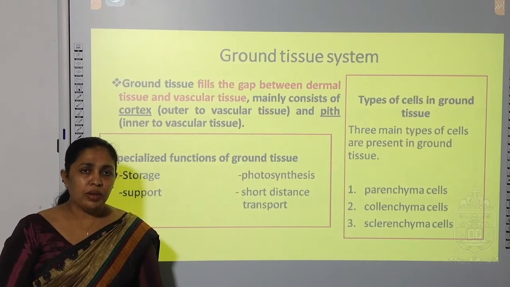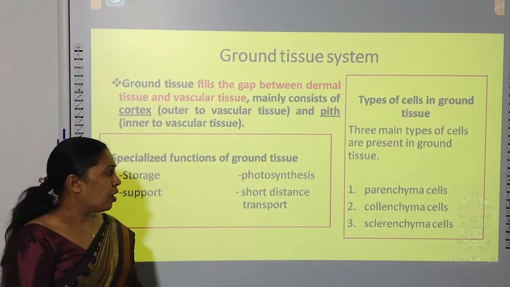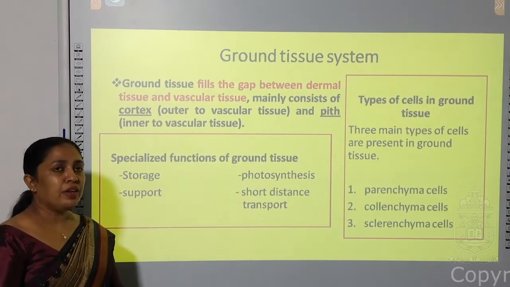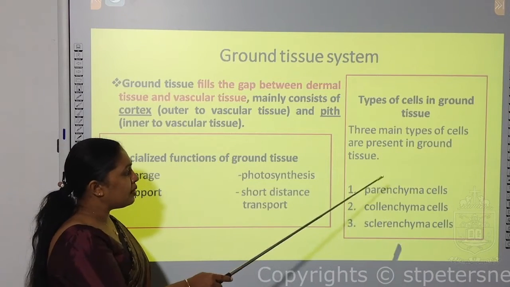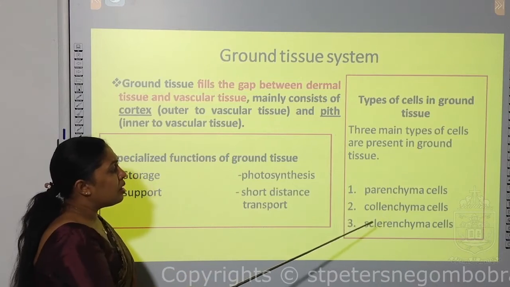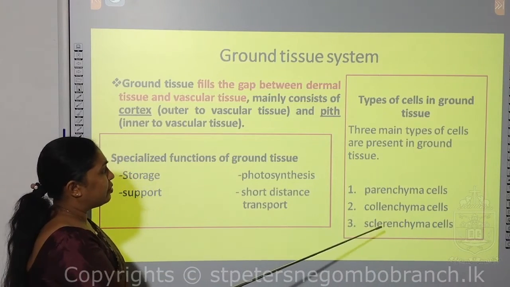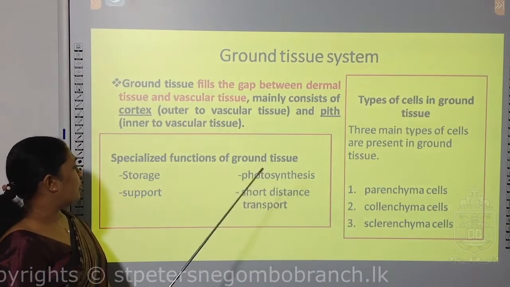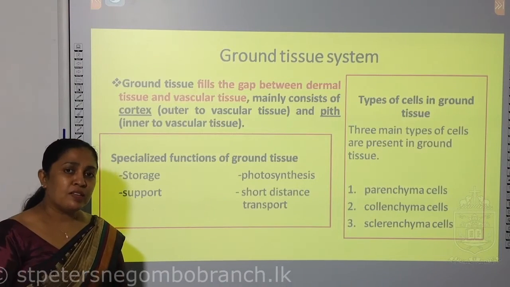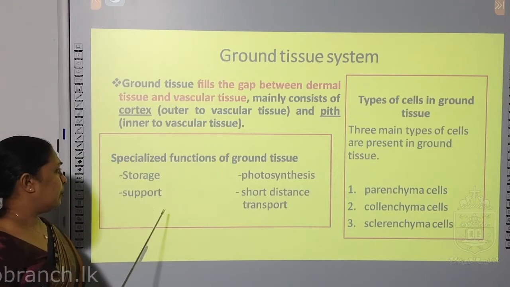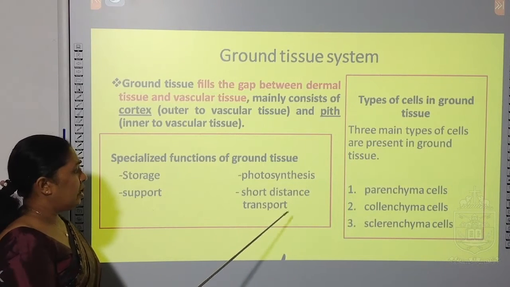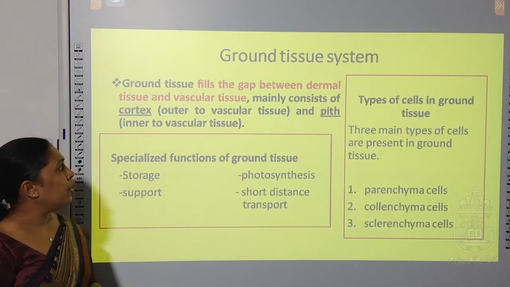And when we go to the ground tissue system, there are many types of cells in the ground tissue systems. The main three types of cells are parenchyma cells, collenchyma cells and sclerenchyma cells. And there are specialized functions in the ground tissue system: storage, support, photosynthesis and short distance transport.